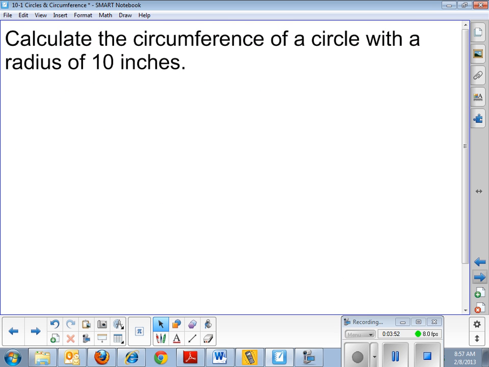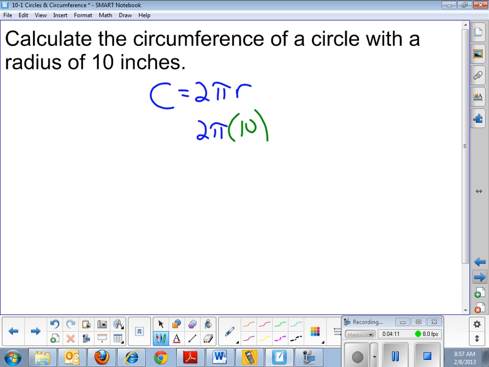Now my next one says calculate the circumference of a circle with a radius of 10 inches. Now remember, we had a circumference formula from our circle notes that said circumference equals 2 times pi times r. Now it's just a matter of plugging in what we know. The 2 and the pi are going to stay as is. And it tells us that the radius is 10. Well, multiply my 2, the pi, and the 10 together, and I'm going to end up with 20 pi inches for my circumference.